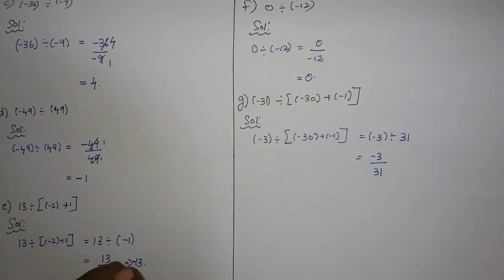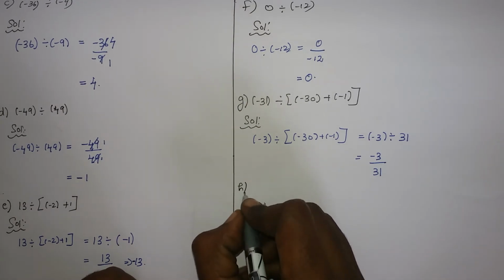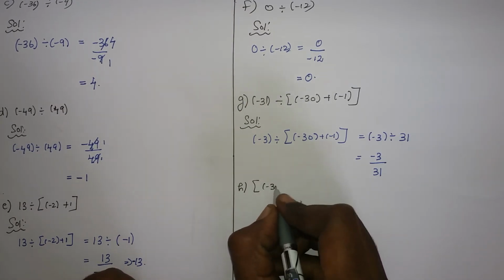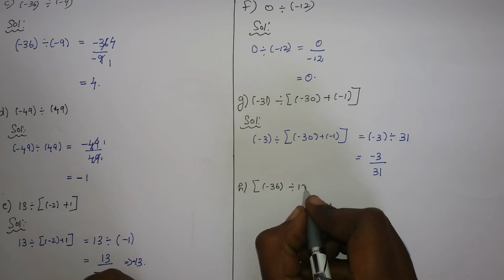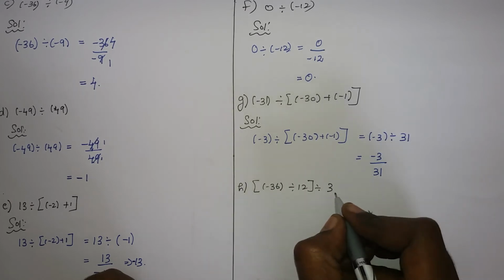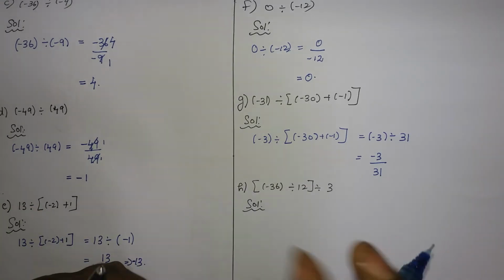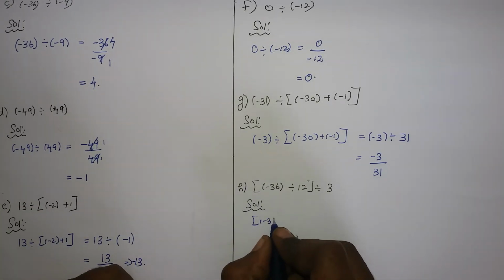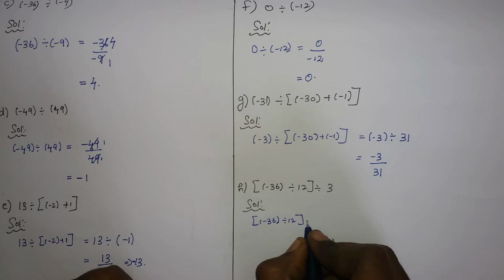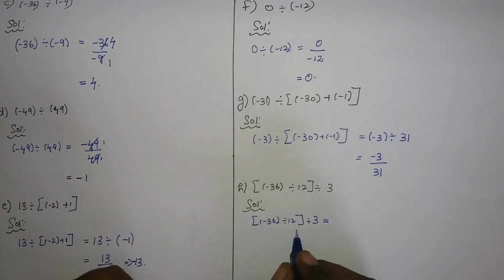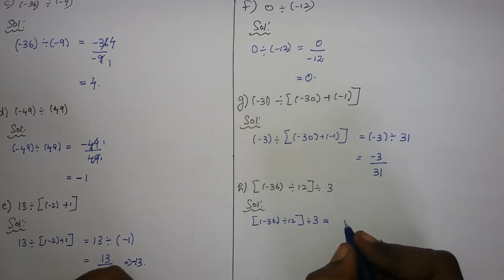Next we move to the H sum, that is minus 36 divided by 12 divided by 3. So my solution will be, I am going to write the question as minus 36 divided by 12, divided by 3. I am going to solve the first bracket part, that is minus 36 divided by 12.